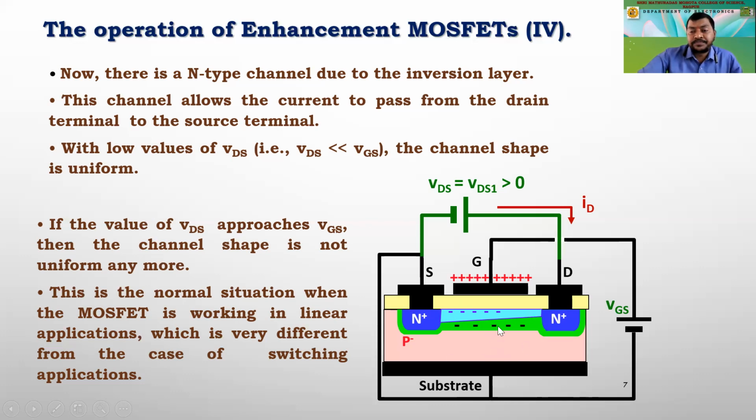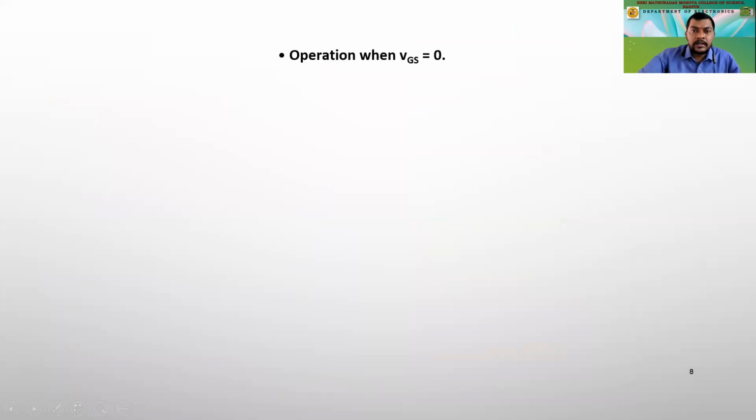So due to that, we'll have maximum current flowing, and the current is being enhanced, and therefore it is called the N-channel enhancement type MOSFET, right? So this is for the operation.